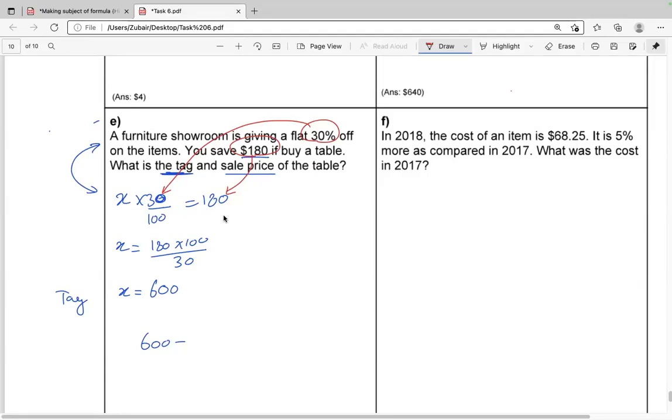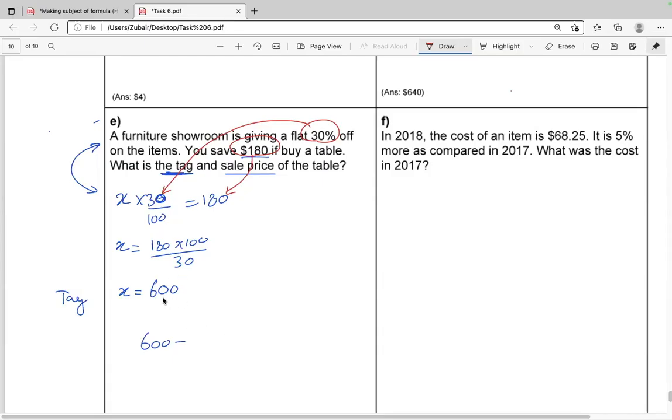I'm the shopkeeper. I'm telling you, you'll get 30% off. You question how much is that in dollars? And I say you'll save $180. So 30% off or 180 off means the same thing. That unit is percentage, that unit is dollars. So 30% of what price will make 180? 30% of X. So X into 30 by 100 equals the saving, that is 180.